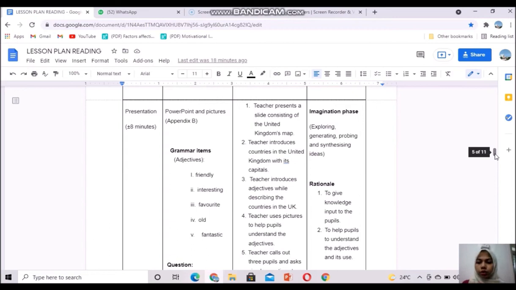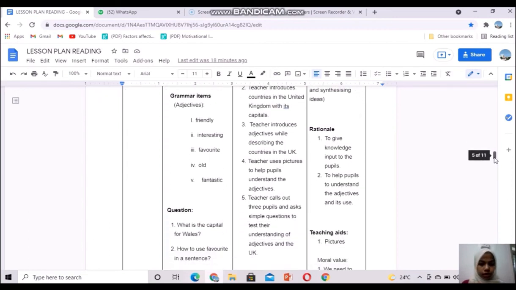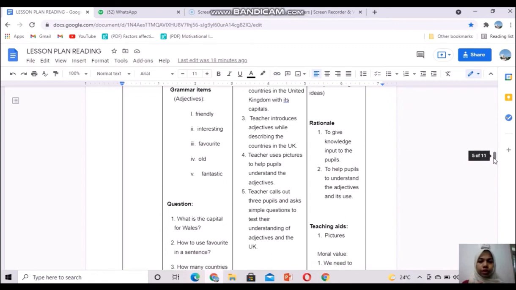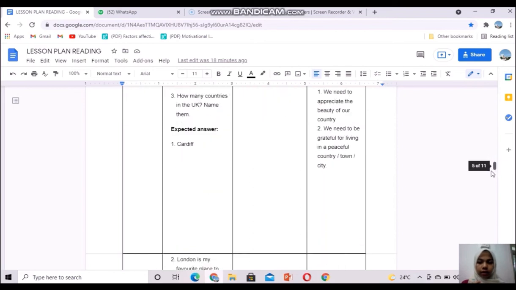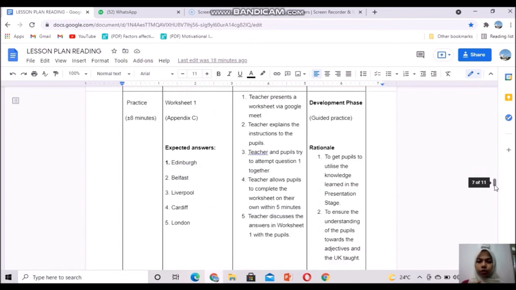So they can see pictures, they can see maps, and they can see a lot of other stuff that we want to show to the pupils. And they can also read the info in the slide by themselves, so they can practice reading at the same time. And then we are going to go to the practice stage.